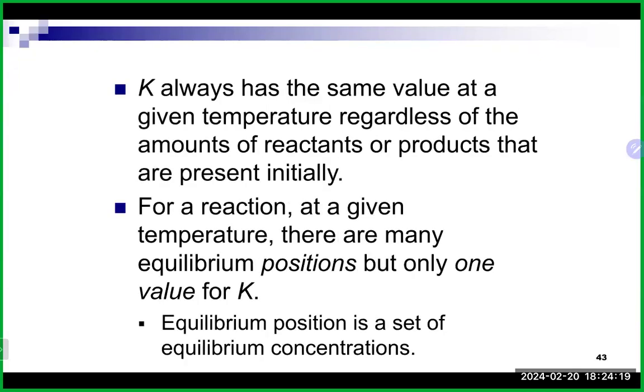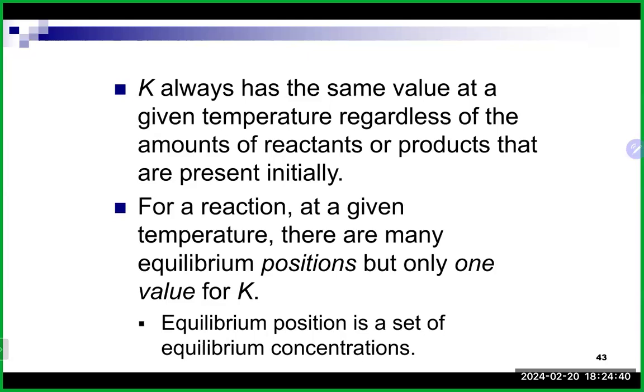All right. And this is what we talked about as well. Remember that there are many equilibrium positions. That's basically referring to the idea that you can start with different amounts of reactants and different amounts of products. As long as you don't change the temperature, you will get the same ratio of products to reactants.